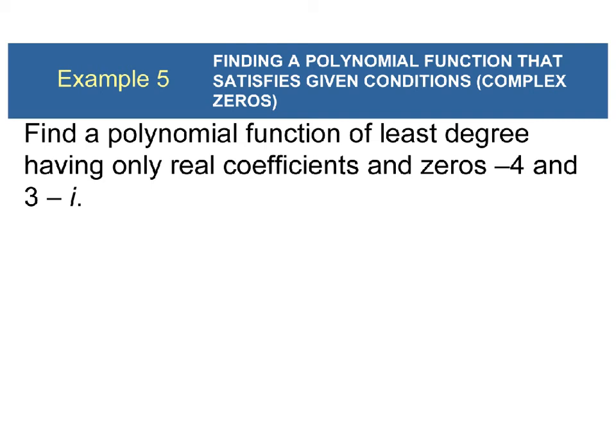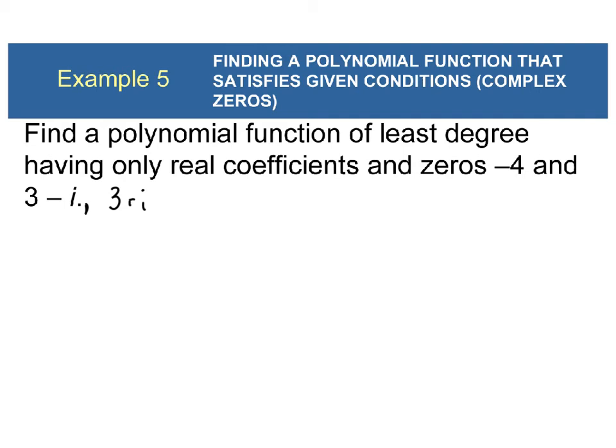So that would be a very big clue that if we have a function with i in it, sorry, that's not the correct function. Because we forgot to say that if 3 minus i is a zero, then 3 plus i is also a zero because of that conjugate zero theorem that we just looked at.